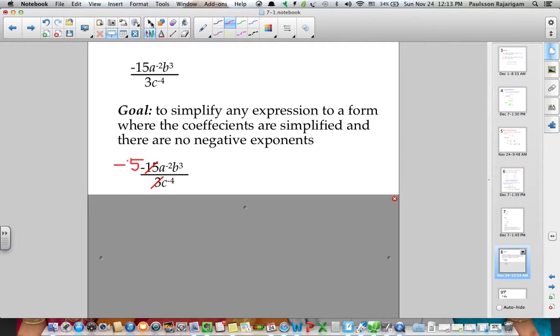And then I'm also going to target the a to the power of negative 2 and c to the power of negative 4. This needs to become a positive, and the only way that can become a positive is if I move that to the denominator, right? And the way to make this c to the negative 4 a positive is to bring this up to the numerator.